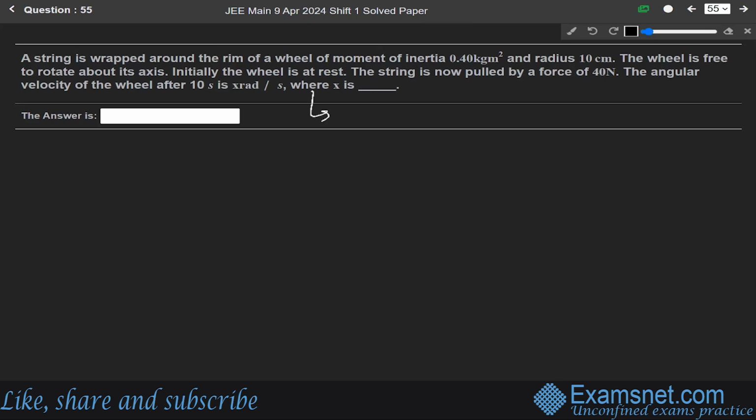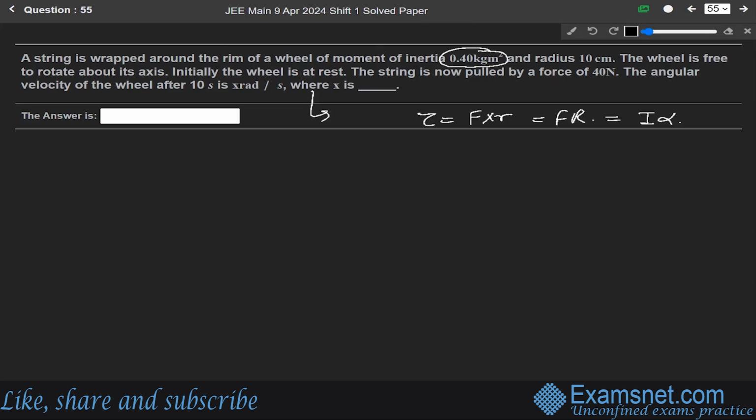So this question can be solved as, we know that tau is equal to F cross r, or we can write F r, and this is equal to I into alpha. Moment of inertia is given as 0.40 kg meter square, and radius is given as 10 centimeter.